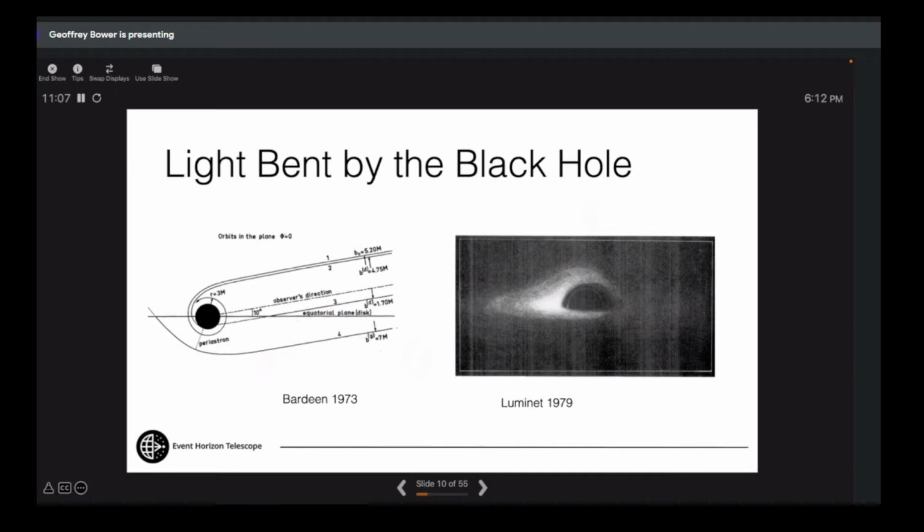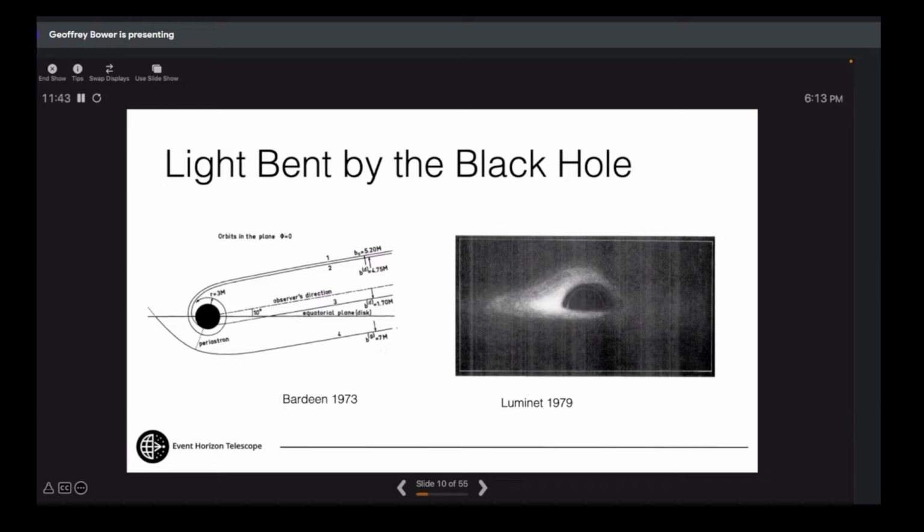And that prediction comes from some fairly straightforward physics that goes back even beyond what I'm showing here. But Bardeen in 1973 showed essentially that the shadow is the impact angle of photons that are just outside of the photon orbit.